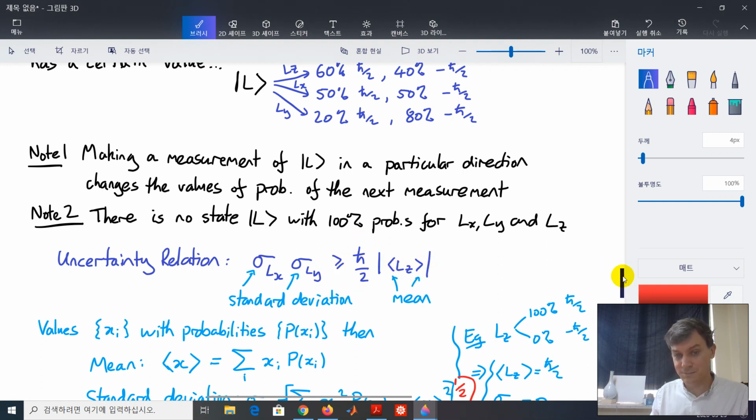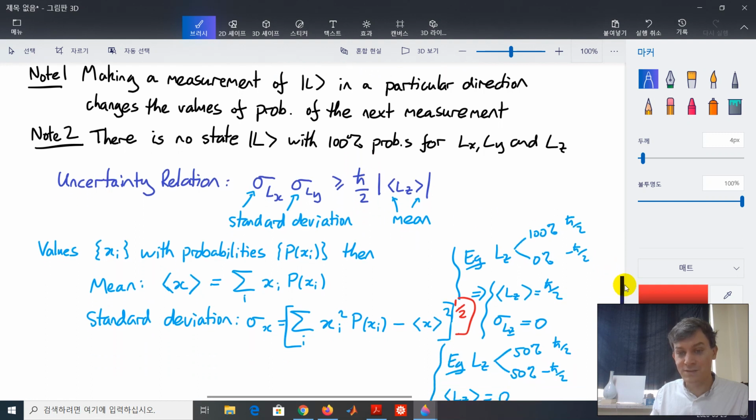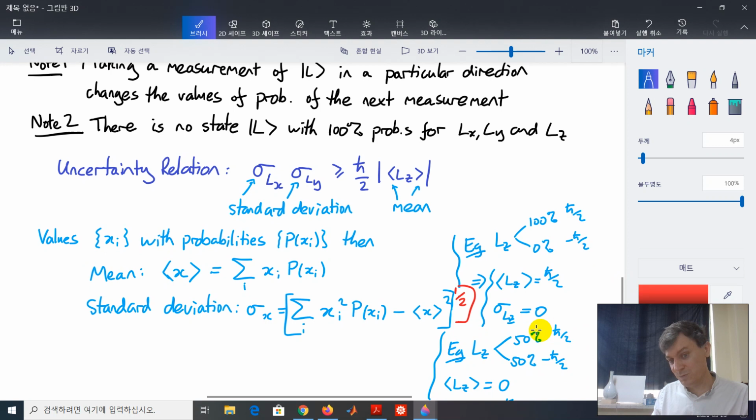expectation of Lz. So if we take this first case where Lz is definite, so it's definitely h bar over 2, then here you get h bar over 2 squared on the right hand side, and that tells you that the standard deviation of Lx times standard deviation of Ly must be greater than or equal to h bar squared over 4, and this in fact tells you that they must be 50-50.